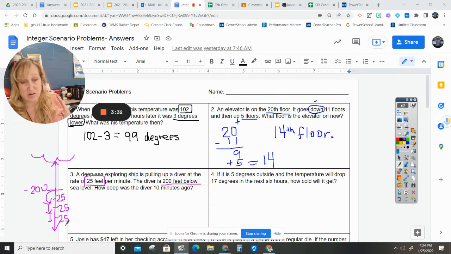I'm going to get tired of adding this, so I'm going to think about it as 10 minutes times 25 feet, which means that he has come up 250 feet.